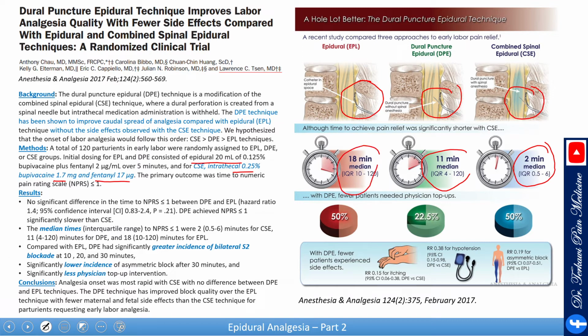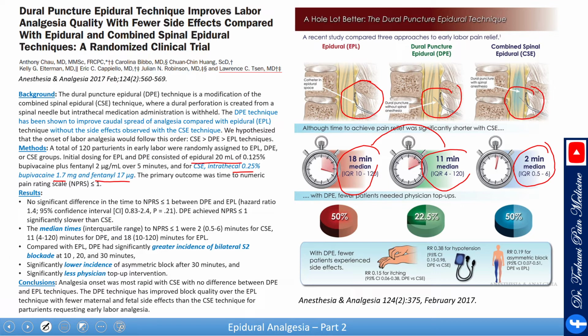That difference did not achieve statistical significance, but there is clearly a difference, and it's a clinically meaningful difference. Probably if they had more patients, they would find a statistically significant difference.